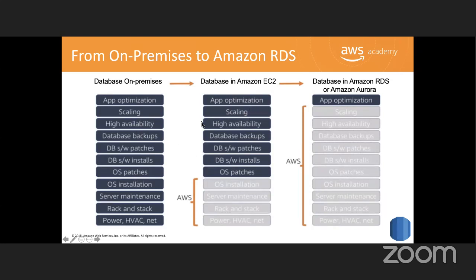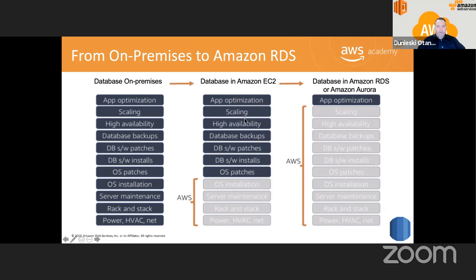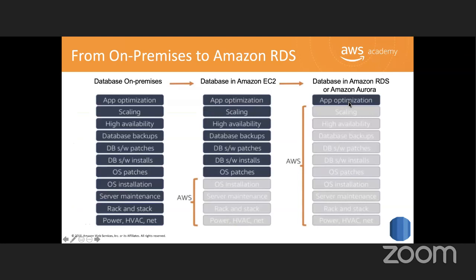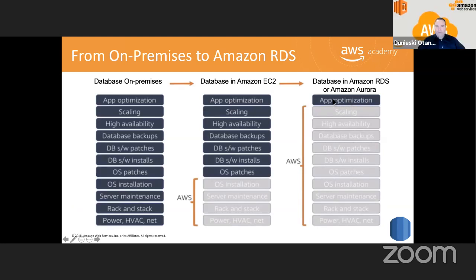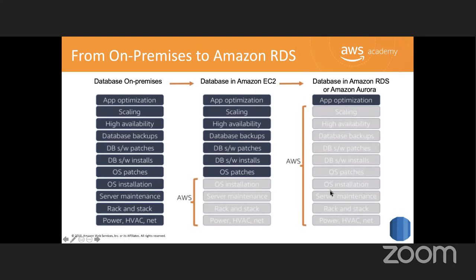So cost is not a problem here. Availability is not a problem. Scalability is not a problem. The only thing that you have to do is take care of your database, when it comes to the tables, all that, like I said before. You can take a look at this later and see the differences, but it's obvious that this one is the most optimal of the three.